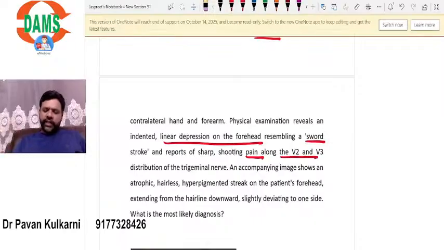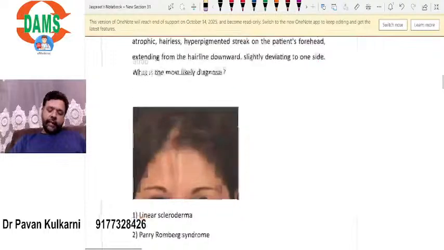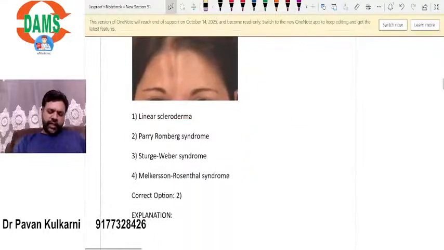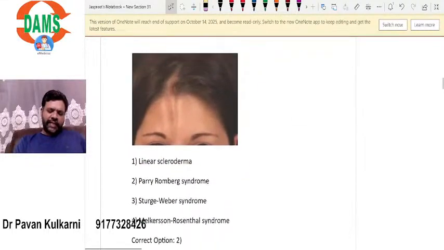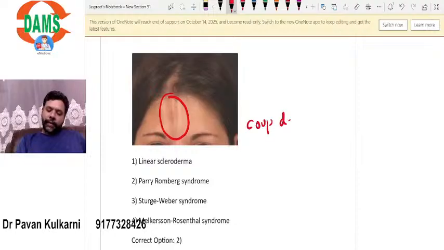So the patient has a midline depression on the forehead. This is called Coup de Sabre.